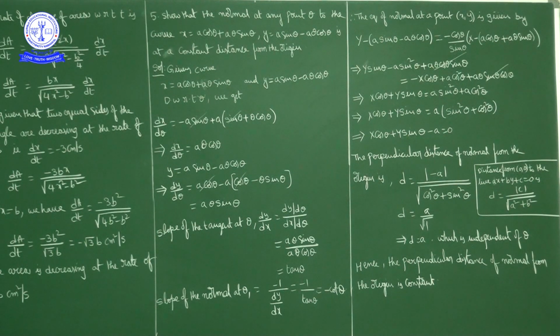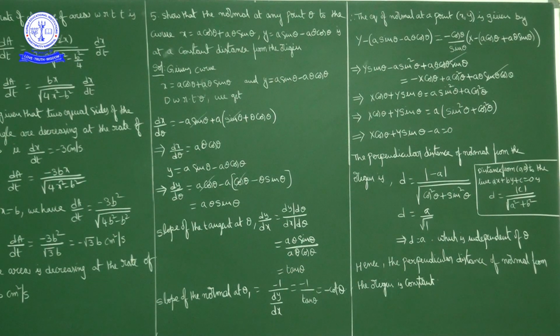To find the equation of the normal, what do we need? We need a point and a slope. The point is given, since this is any point on the curve. Now how can we find the slope? The slope of the normal is minus 1 by the slope of the tangent. The slope of the tangent is nothing but dy by dx.